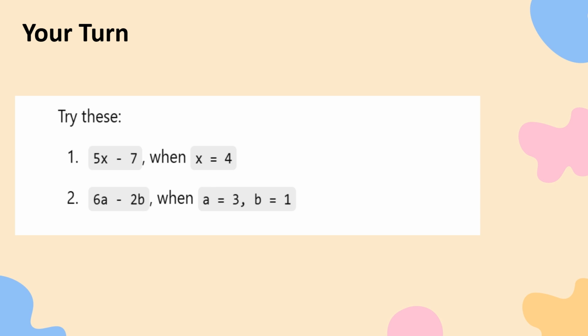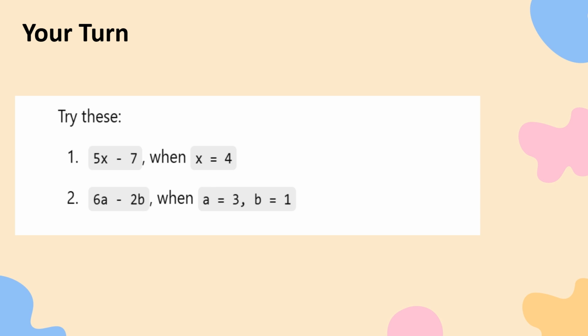That is 5x minus 7 when x is 4, and number two, 6a minus 2b when a is 3 and b is 1. I'll give you 1 minute to solve the following problems.